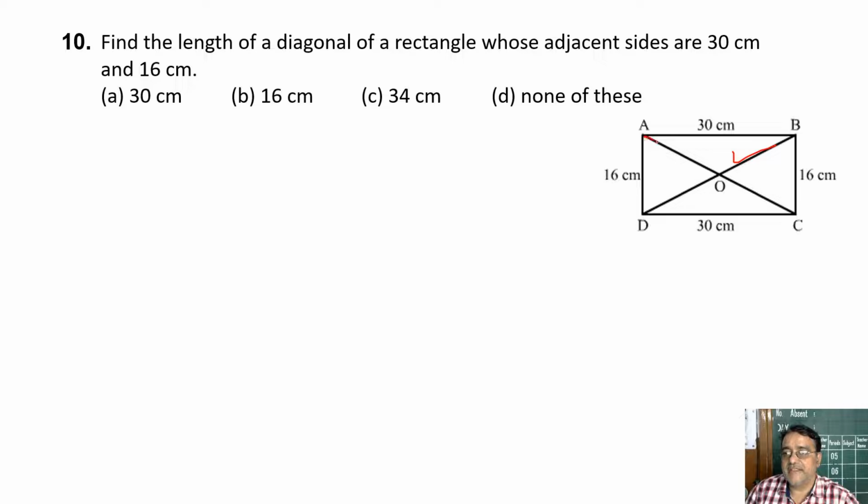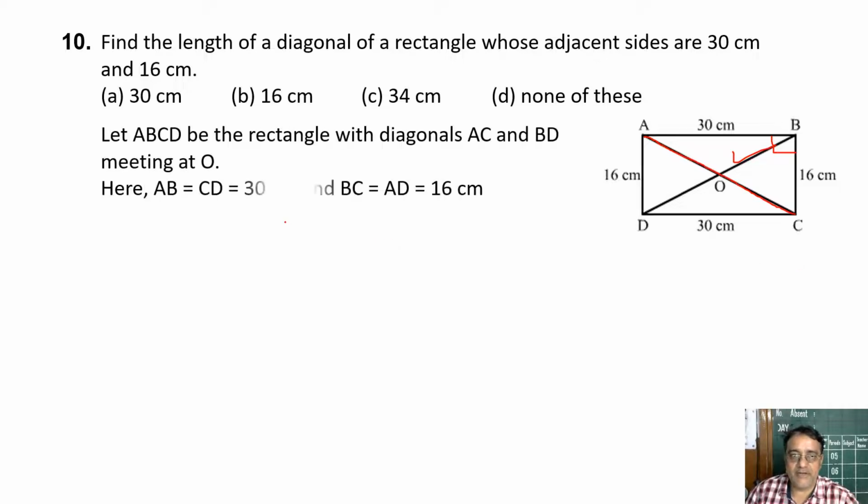So AC square will be equal to what? AB square plus BC square, right. So AB is equal to CD is equal to 30 centimeters, the length, and these two are the breadth. Now we are going to apply the Pythagoras theorem in triangle ABC.